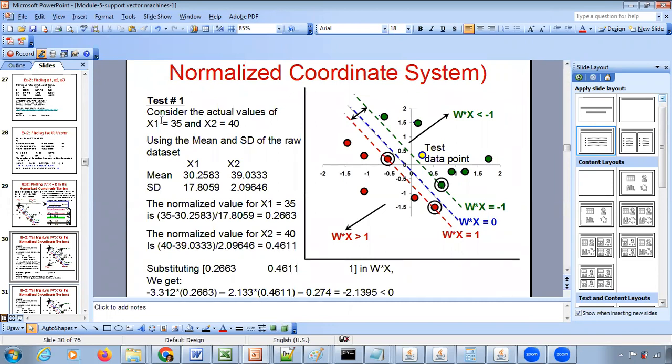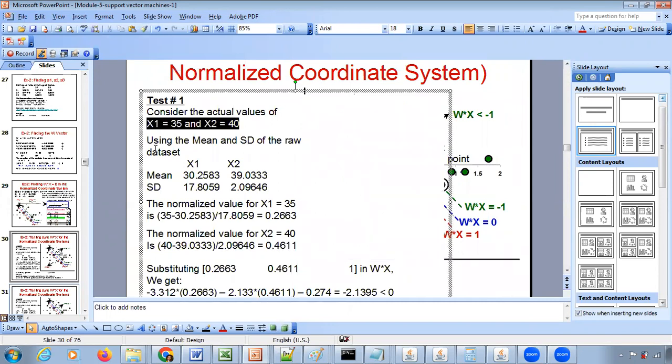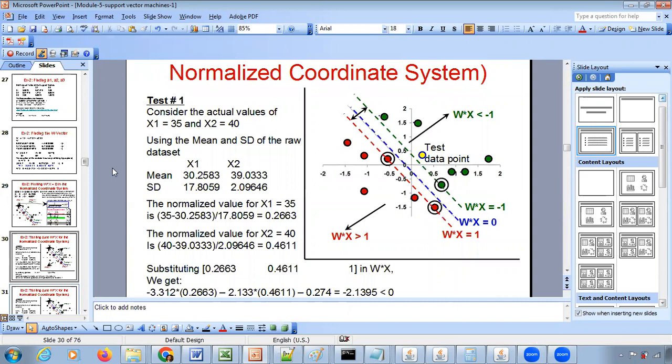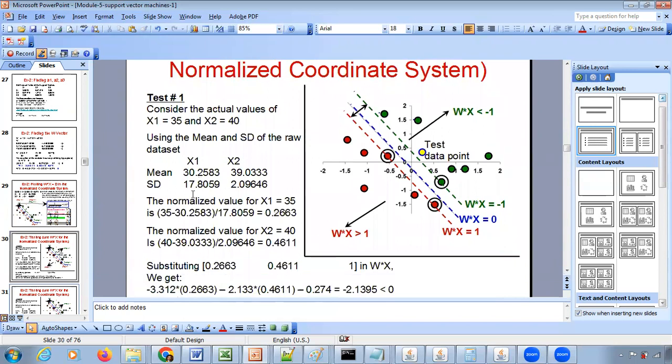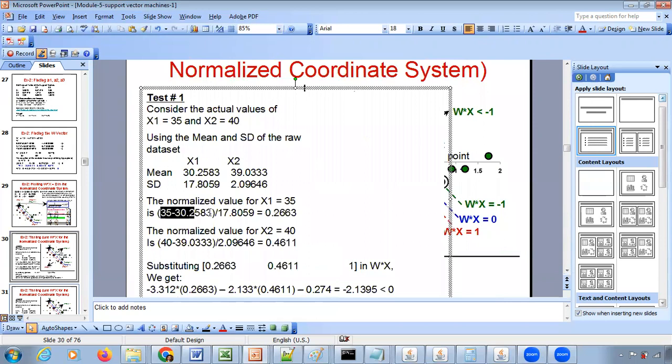So let's pick up some raw data. x1 is 35, x2 equals 40. So we are testing the normalized system here, so we need to convert the raw data to the normalized version. We'll use the mean and standard deviation. For x1, 35 minus the mean of x1, 35 minus 30, find the difference, then divide by the standard deviation.